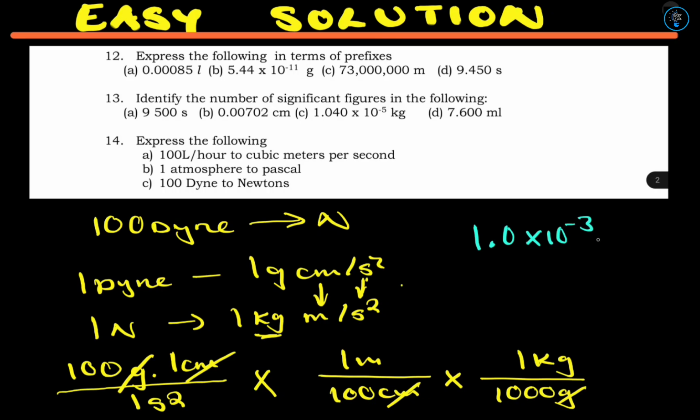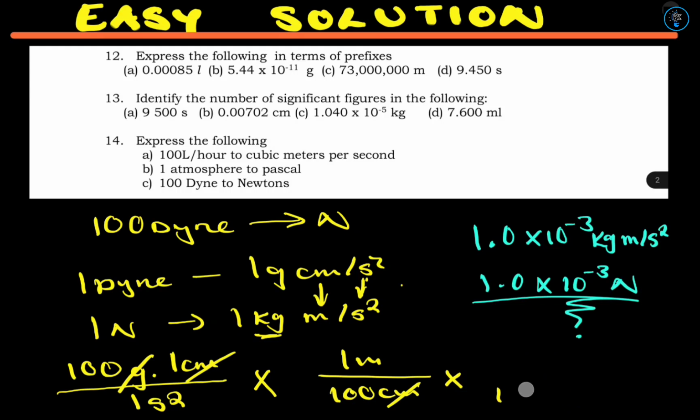Your units will be kg meter per square second. And we know that this one is the same as a newton. So this is a newton. So that will be the solution.